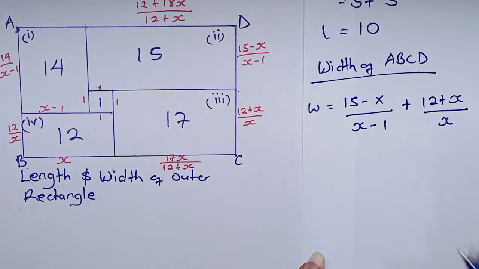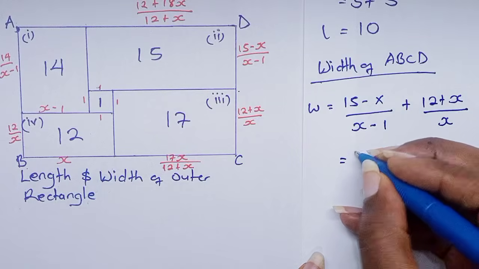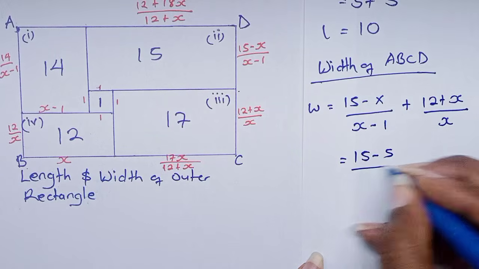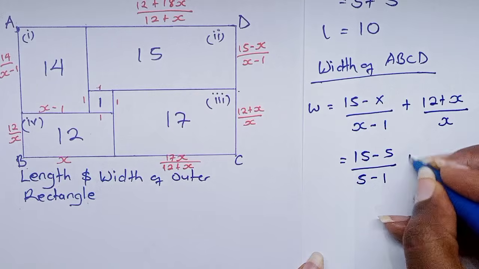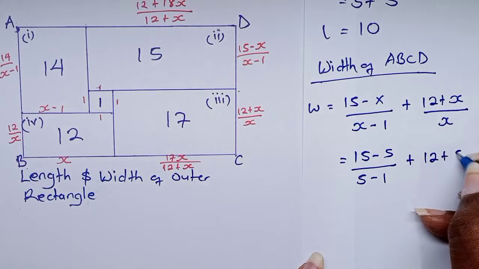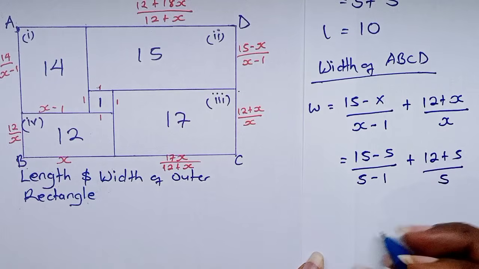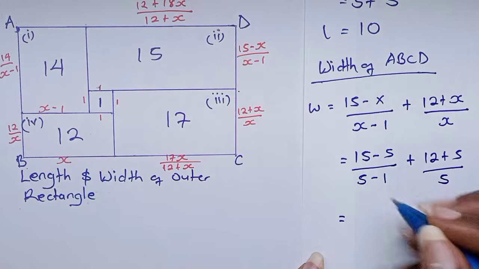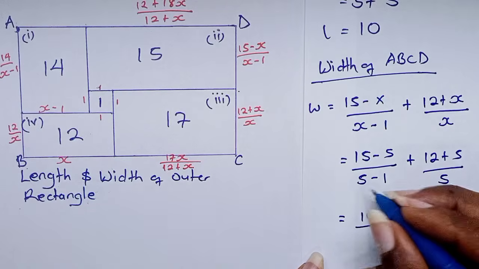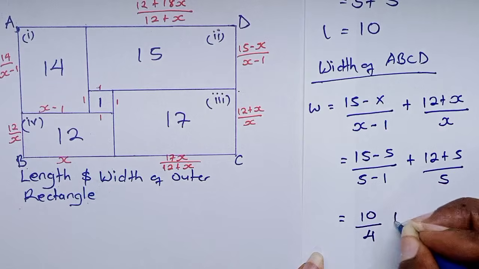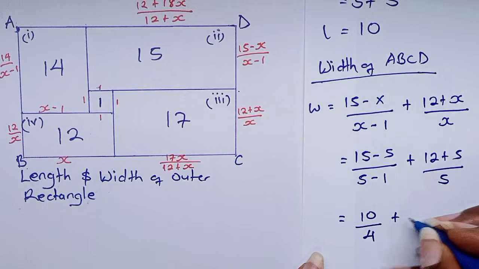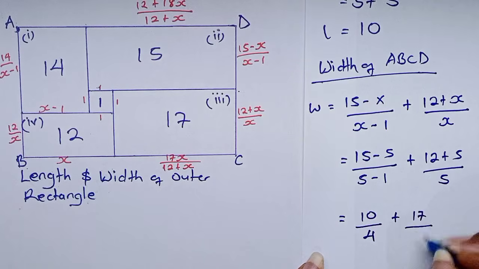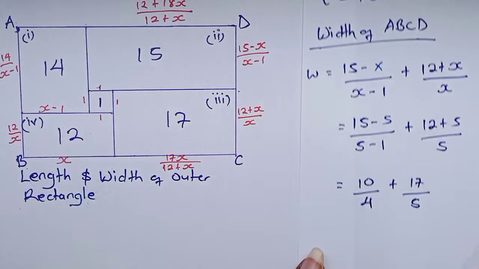Since we already know our value of x is 5, this will be 15 minus 5 over 5 minus 1 plus 12 plus 5 over 5, which is equal to 15 minus 5 is 10, so 10 over 5 minus 1 is 4, plus 12 plus 5 is 17 over 5.